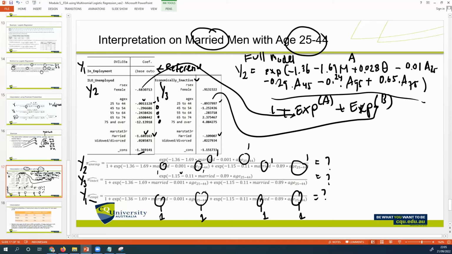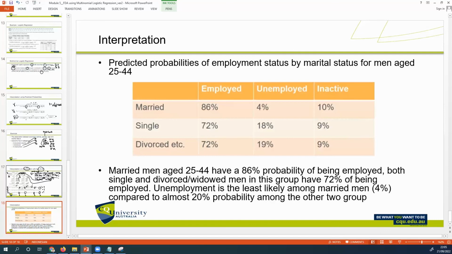Understood? Good. So how to interpret the matrix? For the predicted probabilities of employment status by marital status for married men with the age of 25 to 44, for married, the probability for employed is 86%, unemployed 4%, inactive 10%.